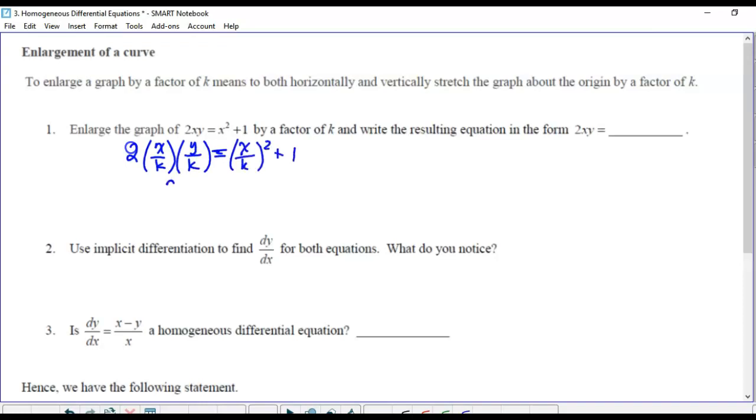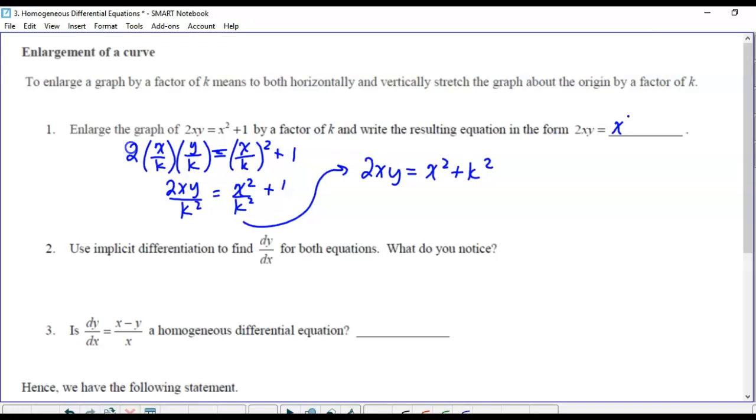So that's going to be 2xy over k squared equals x squared over k squared plus 1. Then it says solve for 2xy. So 2xy equals x squared plus k squared.